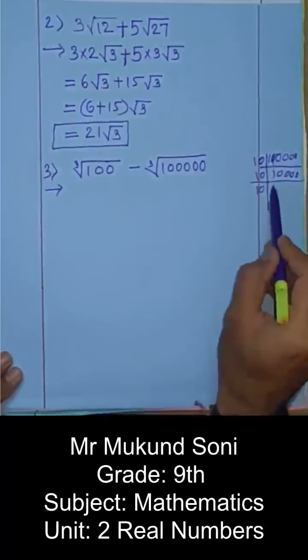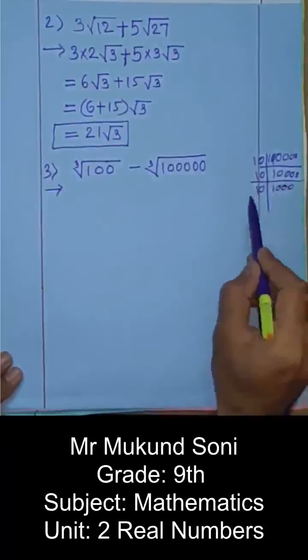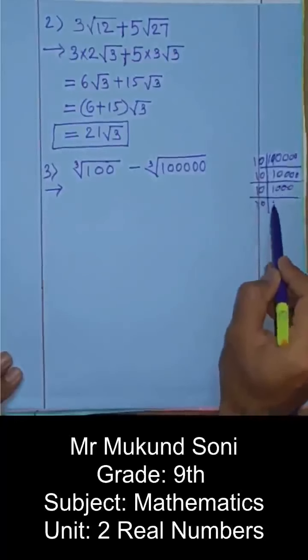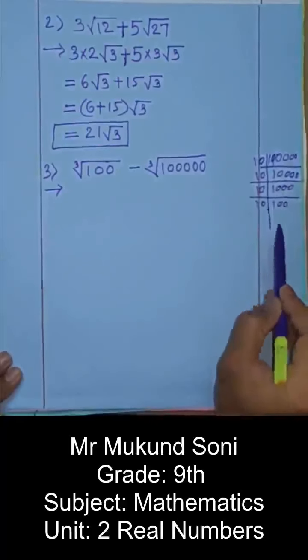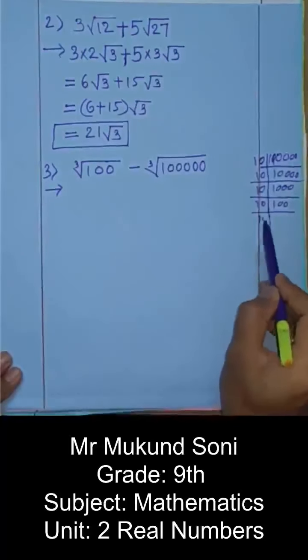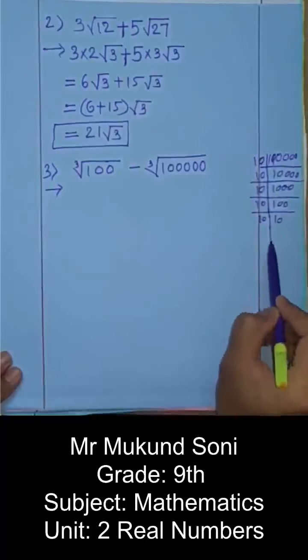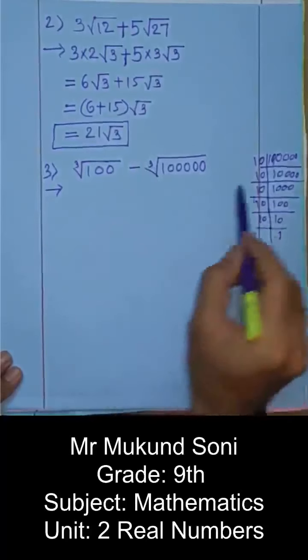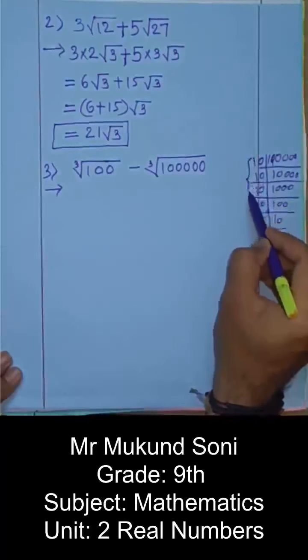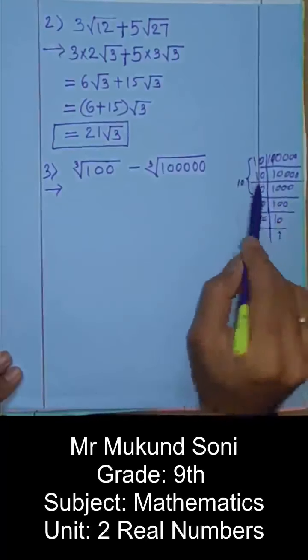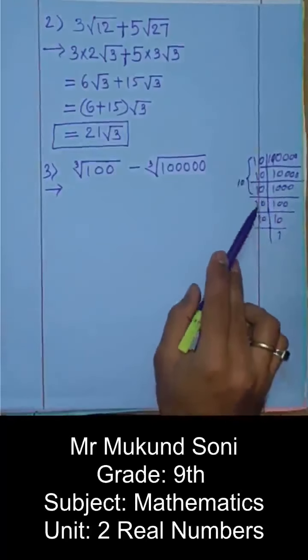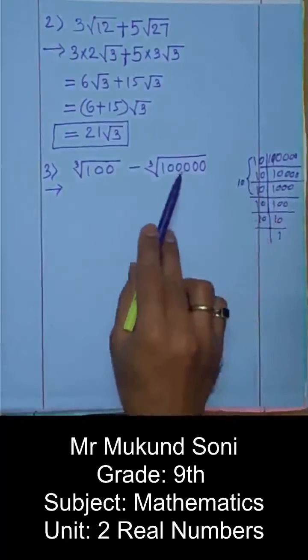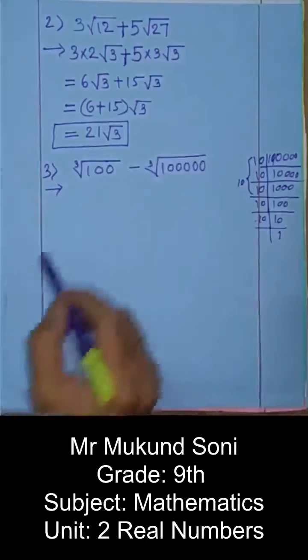Again by 10 will give you 1000. Again by 10 will give you 100. Again by 10 will give you 10 and last will be 1. Now as the order is 3, out of the group of these 3 tens I will use 1 ten. The remaining 2 tens, that is 10 into 10, 100, will remain inside the cube root.